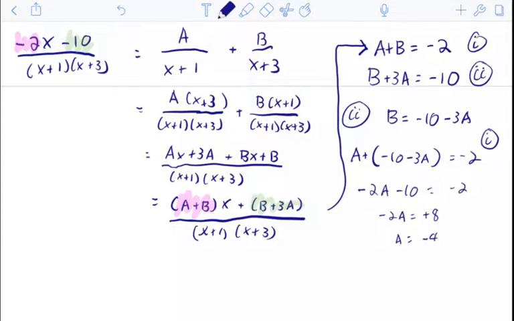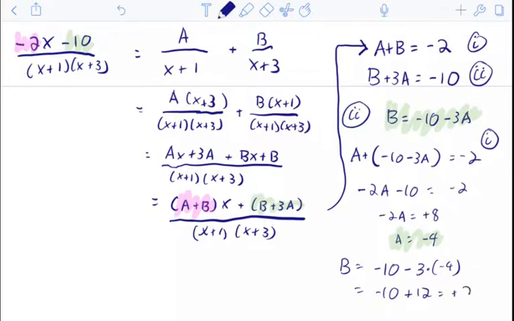So then you take this value and you plug it back into this expression, the one you solved for b originally. So b must equal minus 10 minus 3 times minus 4. So that's minus 10 plus 12, that's plus 2.